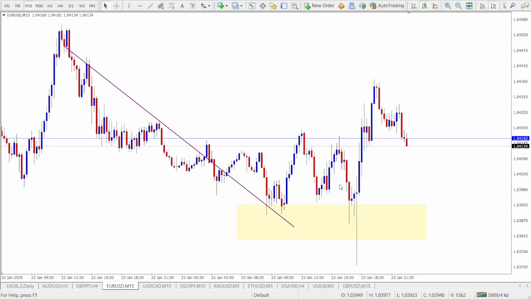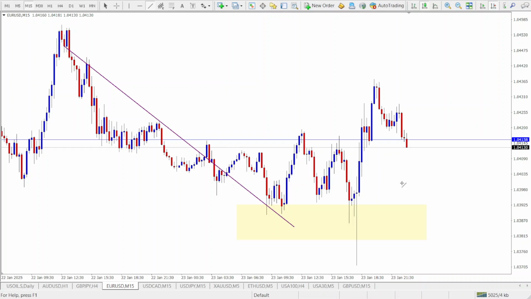And in this case, we can see that before we had the strong move to the upside, although we are still having current price activity, we actually had a wide consolidation, this whole area.